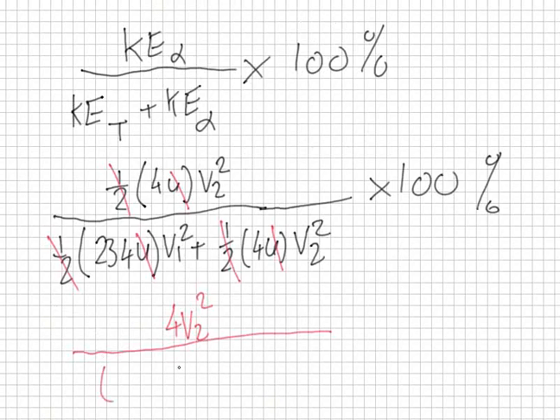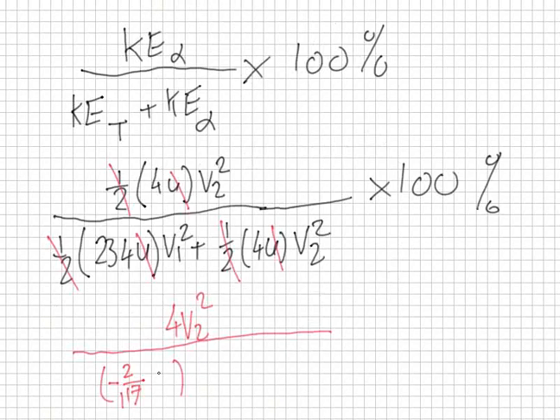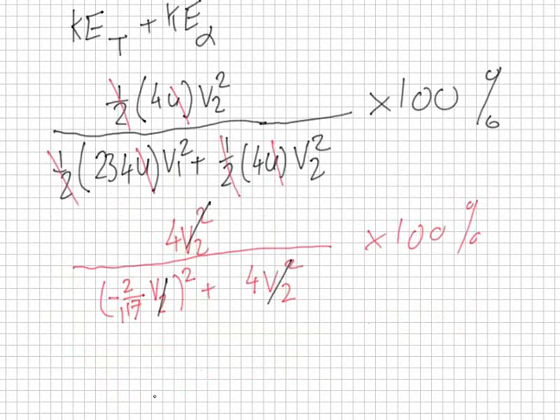But this one you can rewrite as minus 2 over 117 v2 squared, plus 4 times v2 squared, times 100. Now what cancels? What's in all of them now? The v2 squared cancels. So you're left with 4.